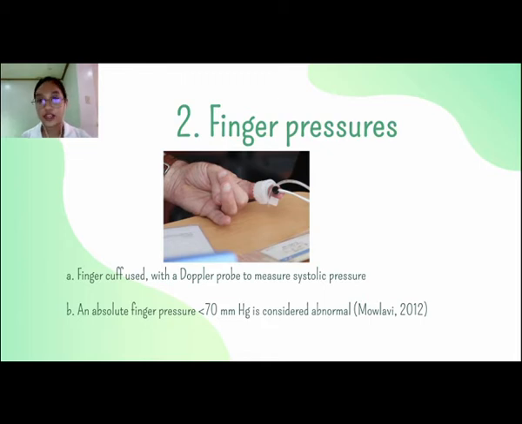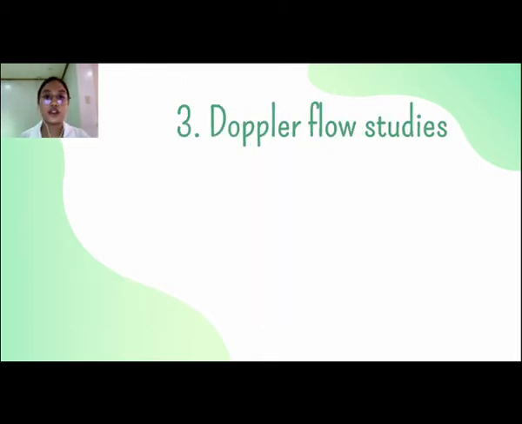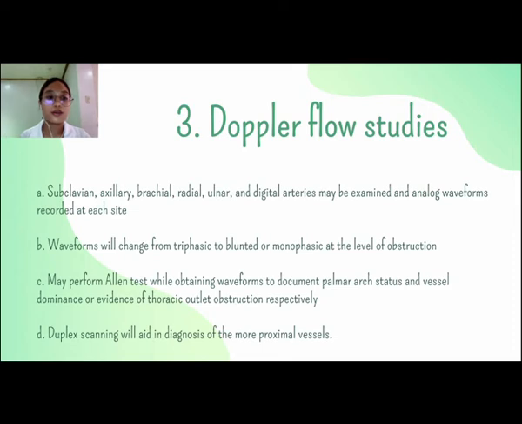Okay, so next, we have the Doppler flow studies. The subclavian artery, brachial, radial, ulnar, and digital arteries may be examined and analog waveforms recorded at each site. So the waveforms will change from triphasic to blunted or monophasic at the level of obstruction.